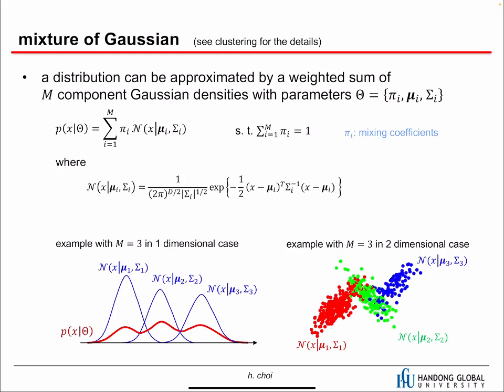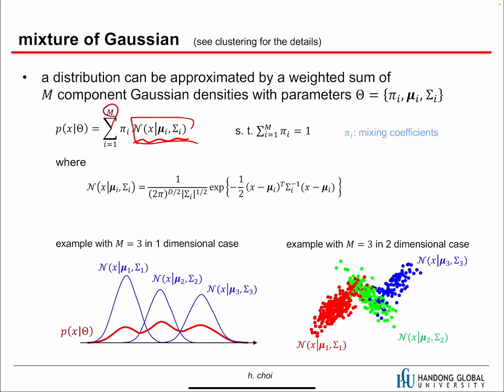So when we have 10 samples, we have 10 kernels. In the mixture of Gaussians, we have many Gaussian distributions. In the parametric method, we have just one. In the non-parametric method, we have n Gaussian kernels. And now we have m Gaussian distributions.